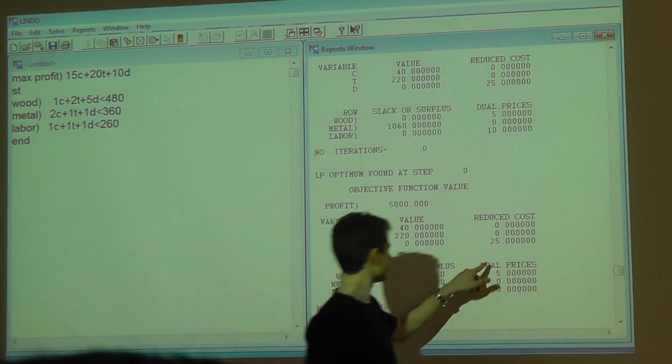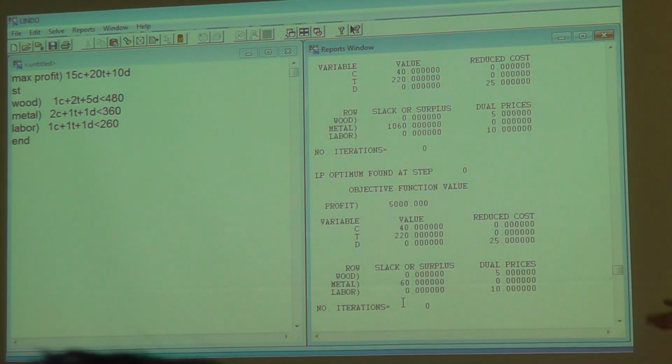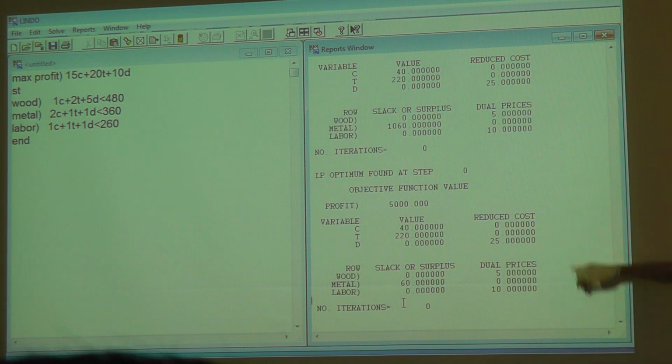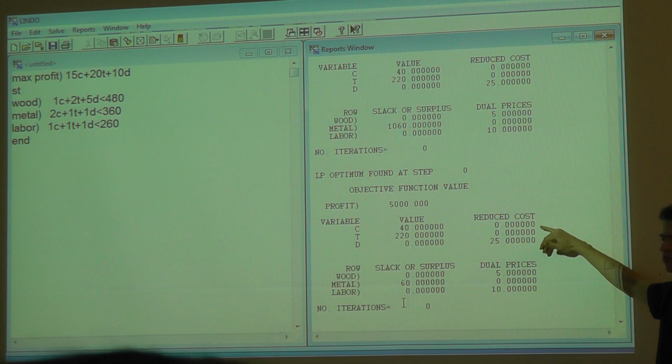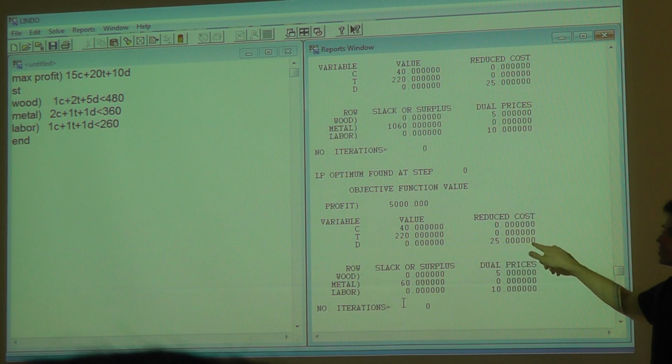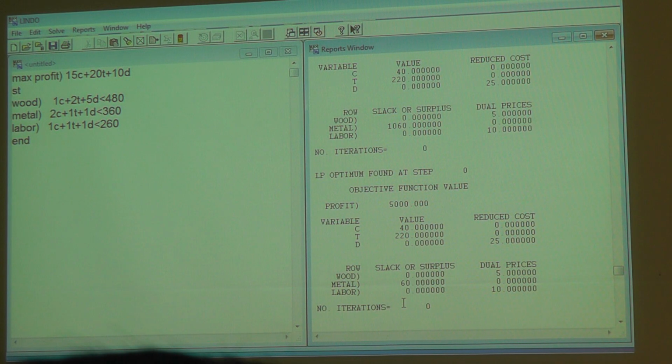So that was the meaning of the dual price of 0 for the metal. Well, for labor, it's kind of the same as for wood. We have some dual price for the labor. If you get 1 more unit of labor, you will be able to derive $10 more of profit. Now, the reduced costs. These zeros, let me leave them for now. This 25, what does it mean?